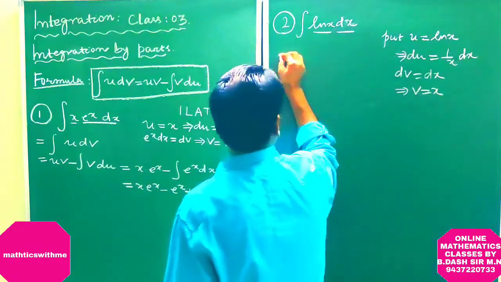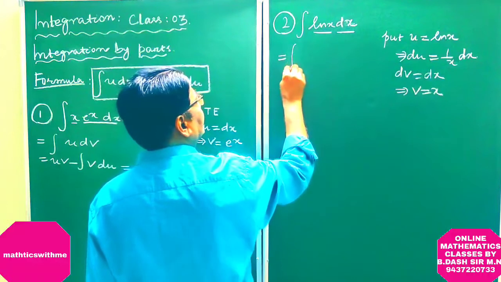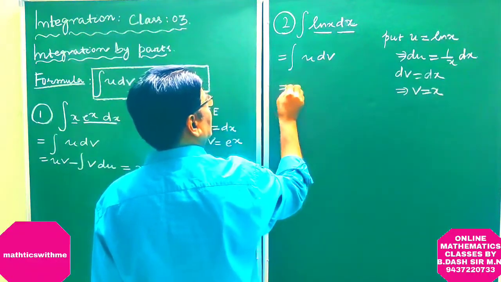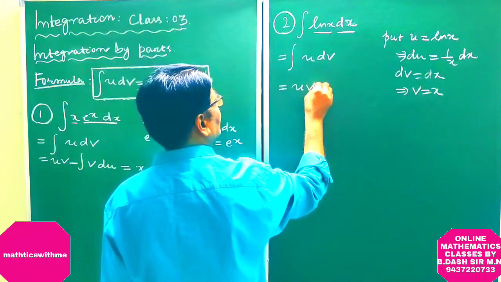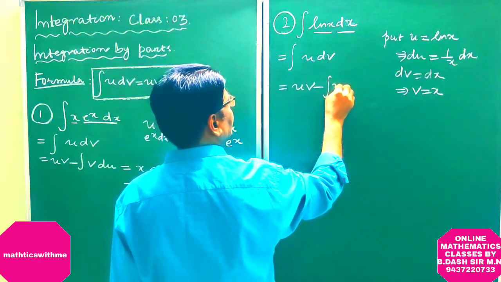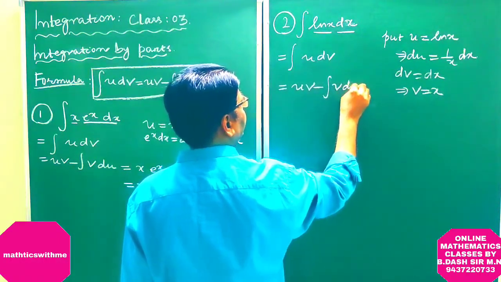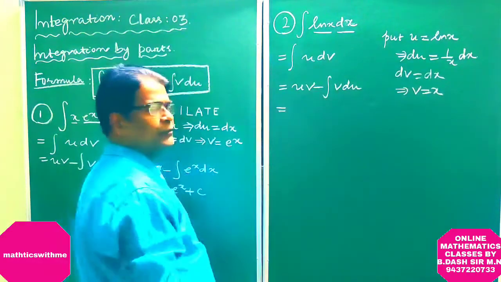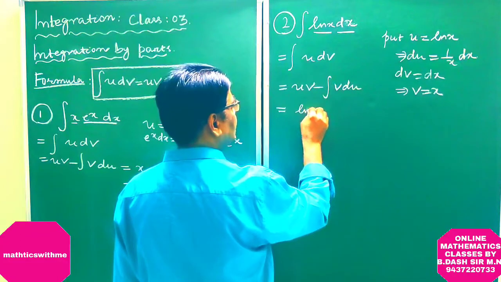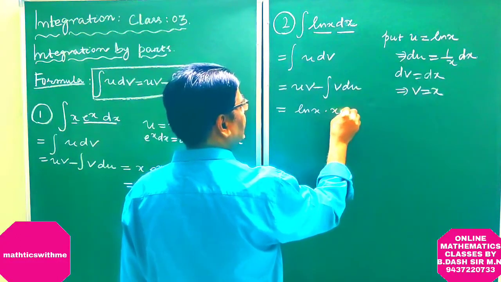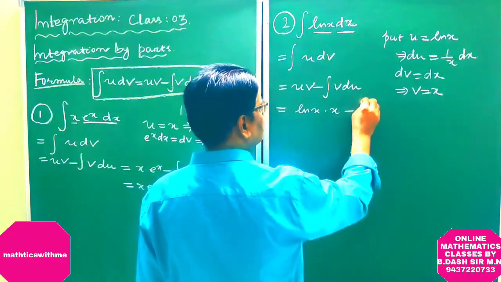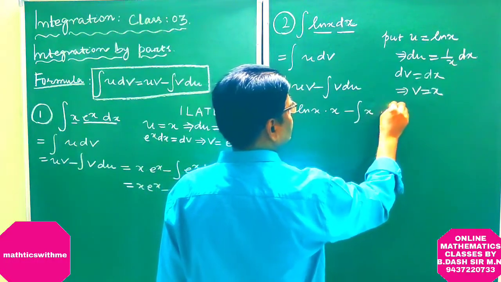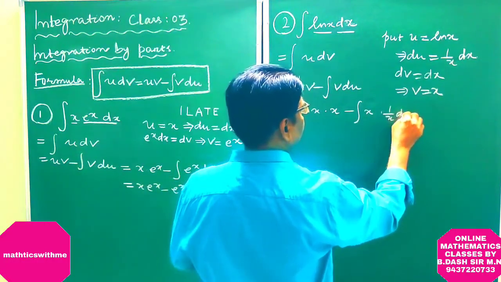So the given integral is equal to integration of u dv. Now applying the formula uv minus integration of v du, which is equal to, now u is ln x, v is x, minus integration of x times du, which is 1 by x dx.